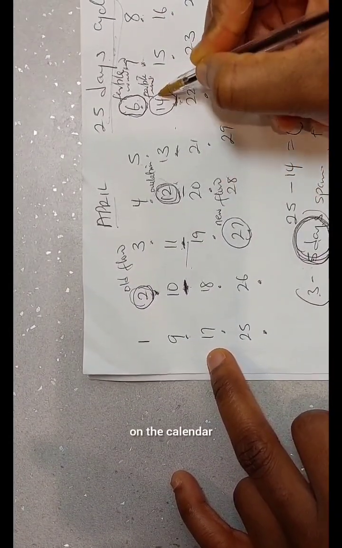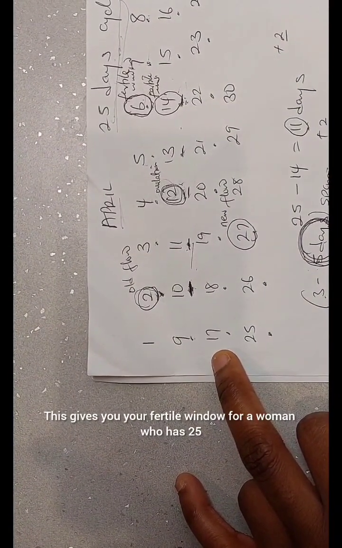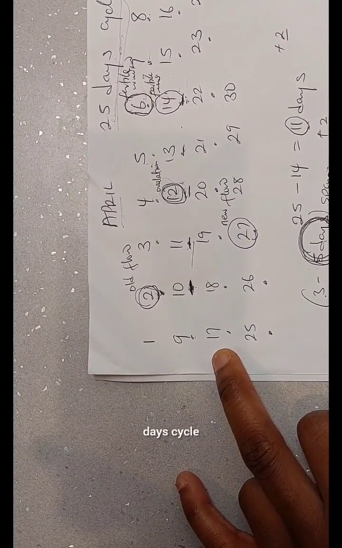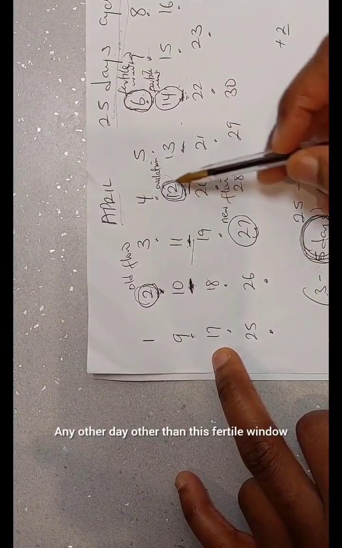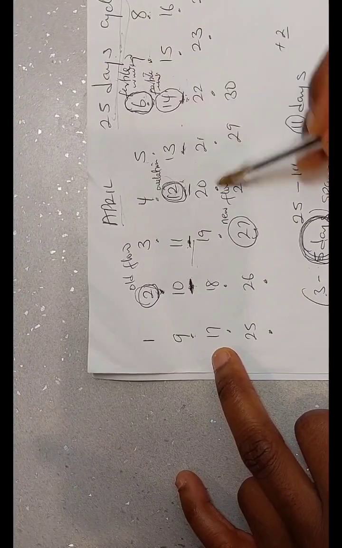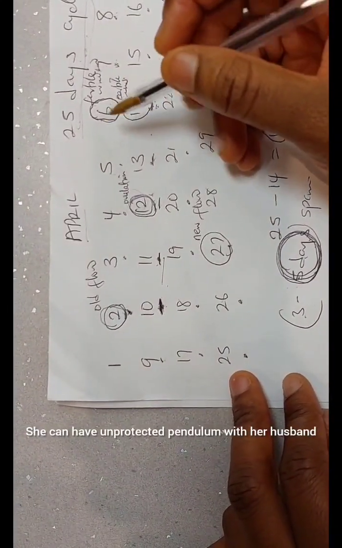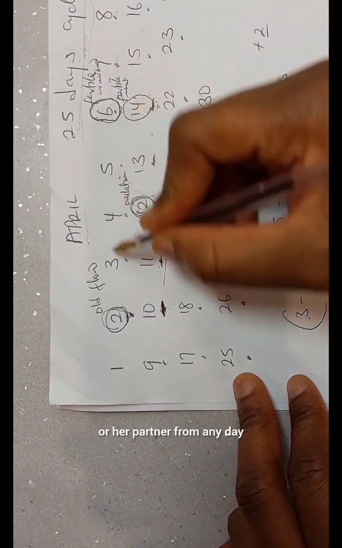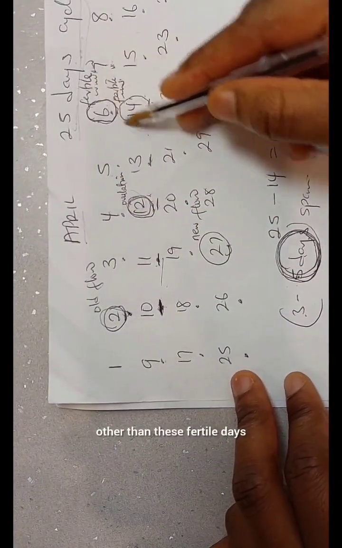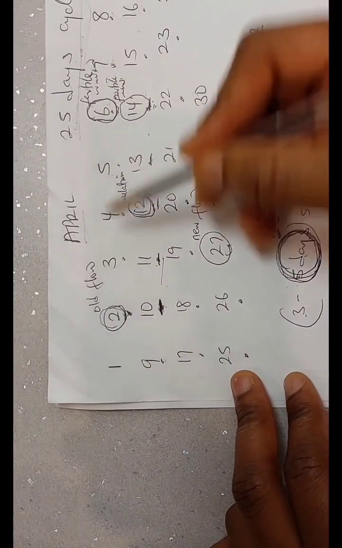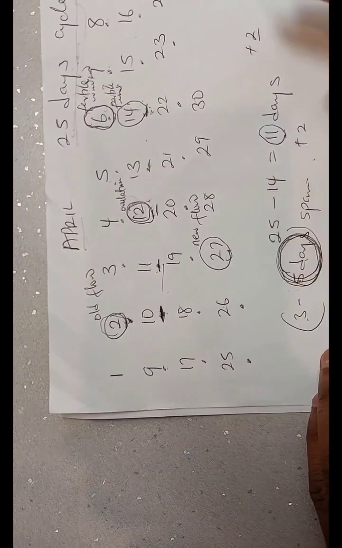On the calendar, this gives you your fertile window for a woman who has a 25-day cycle. Any other day other than this fertile window is her safe days. She can have unprotected intercourse with her husband or her partner on any day other than these fertile days for a woman with a 25-day cycle.